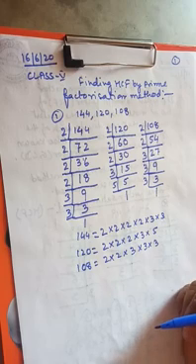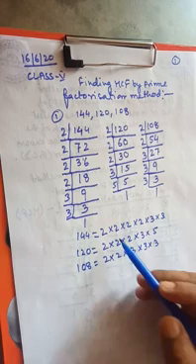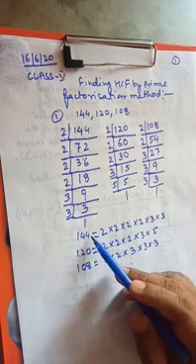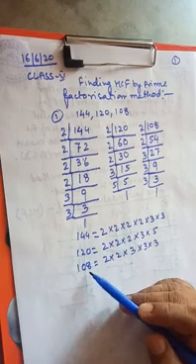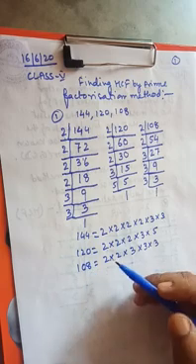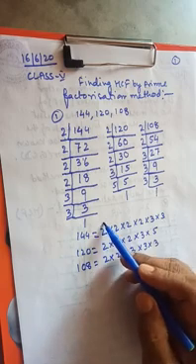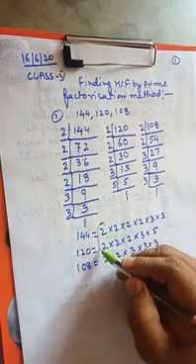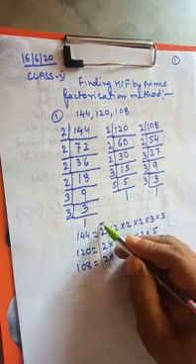Now what we have to do, the second step is to find the common factors in all the numbers, that is 144, 120 and 108. Now see here, 2 is the common factor in all the numbers.